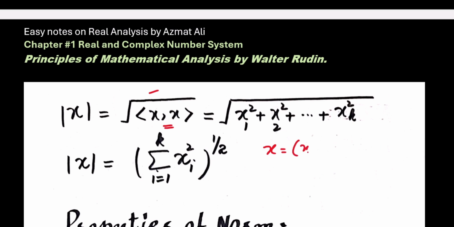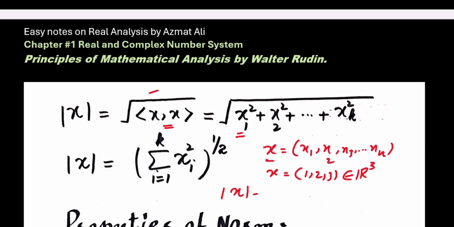If we have a vector x whose components are x1, x2, x3 up to xk, then the magnitude of this vector is the square root of the sum of squares of these components. For example, if I have a vector x equal to (1, 2, 3) belonging to R cube, then its norm is given by the square root of 1 square plus 2 square plus 3 square, which is the square root of 1 plus 4 plus 9, that is square root 14.